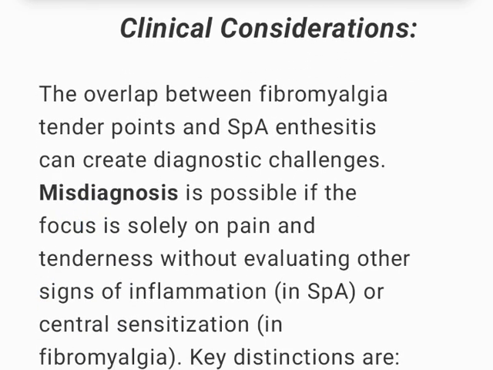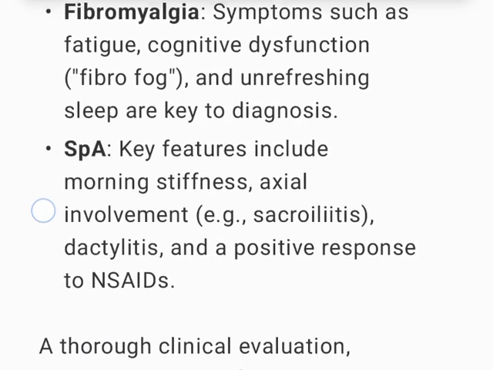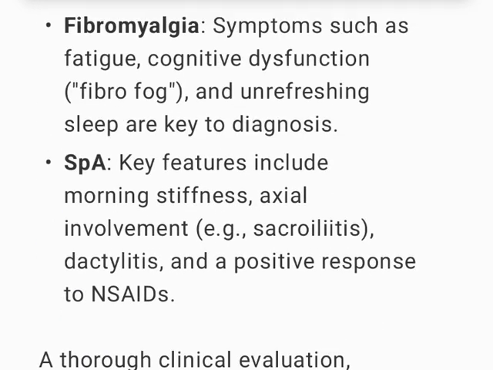Clinical considerations. The overlap between fibromyalgia tender points and SpA enthesitis can create diagnostic challenges. Misdiagnosis is possible if the focus is solely on pain and tenderness without evaluating other signs of inflammation in SpA or central sensitization in fibromyalgia. Key distinctions: fibromyalgia symptoms such as fatigue, cognitive dysfunction (fibro fog), and unrefreshing sleep are key to diagnosis.